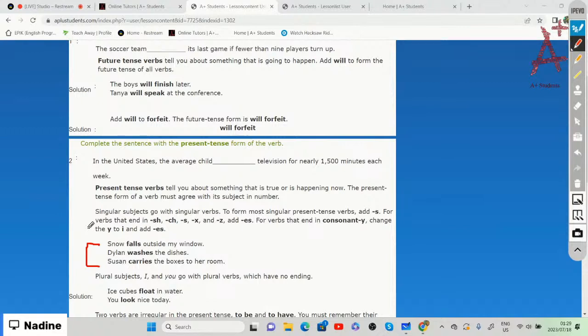So the normal verb of carries is carry, right? If your verb ends in a consonant and Y, then we change the Y to an I, and we add the ES. Wash is the normal verb. If it ends in SH, we add an ES to show the verb tense.